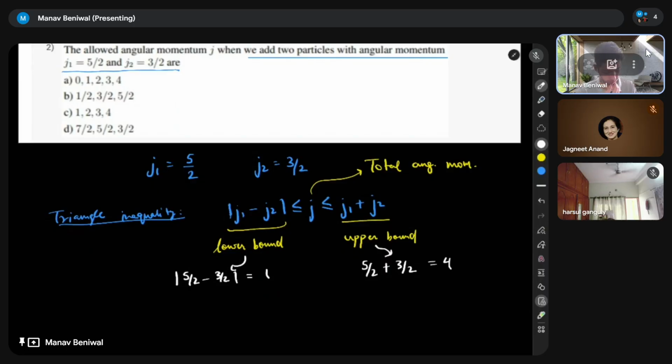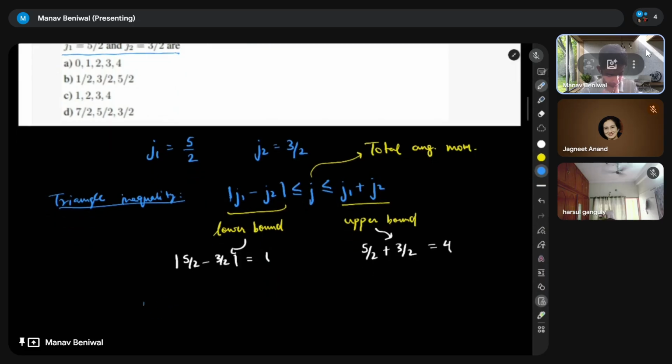So our J is restricted between 1 and 4. The possible values of J will be 1, and then we always add plus 1, so 2, 3 and 4. These are the possible values of J, which means option C.